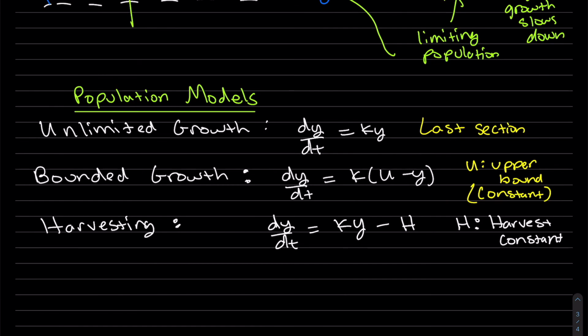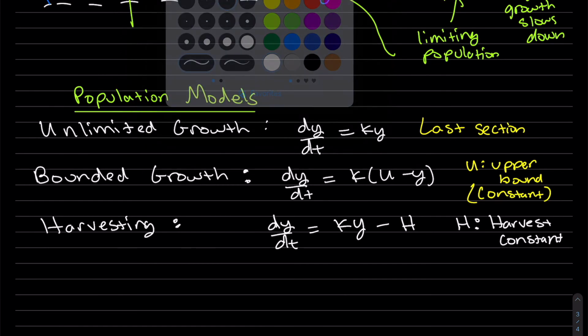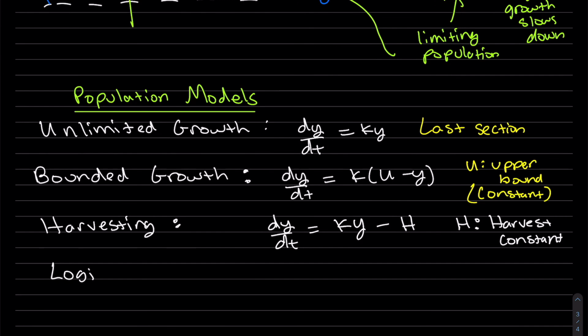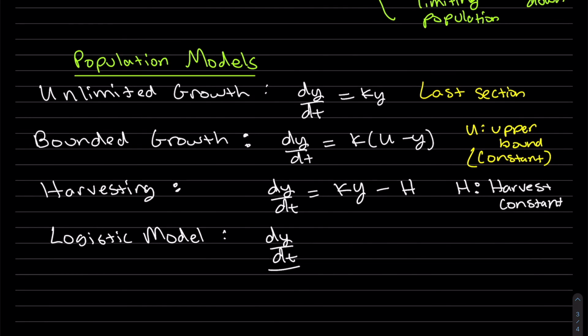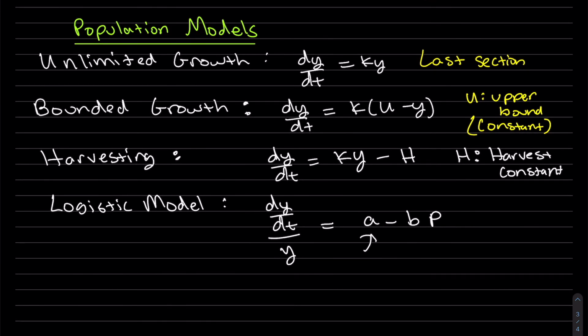And then this last one that we did was our logistic model, which is dy/dt all over y, which was a minus bP. That's our, remember, that's our birth rate.